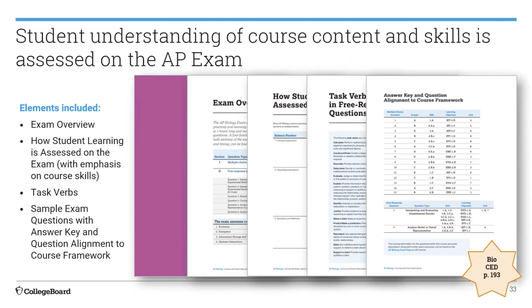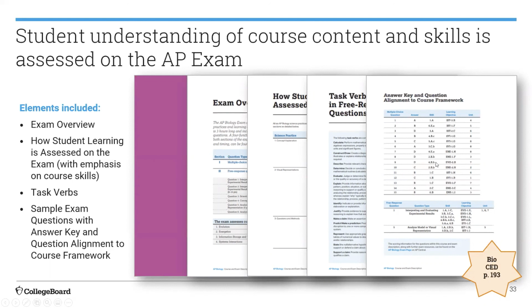And then finally, we also have the sample exam questions with answer key. We know that teachers always like to use these questions with their students and look at them, but I would encourage you to pay some attention to the last page that gives the alignment to the course framework. In other words, not only have we given you the answer, but we've told you what skill it aligns to, what learning objective it aligns to, and what unit it came from.